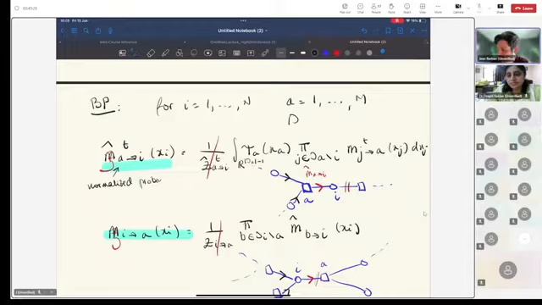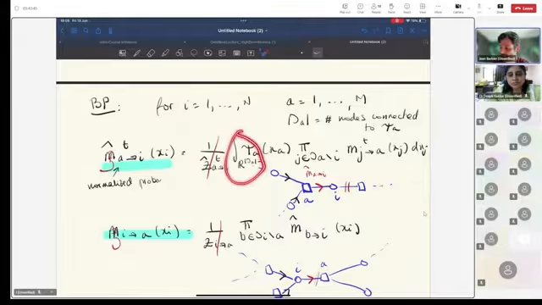This notation means the number of nodes connected to factor psi a, or the number of arguments of psi a. Is that your question? The complexity of this integral or this sum, if it's discrete, is exponential, but only in the degree of the factor. I don't know if this is what you're asking.